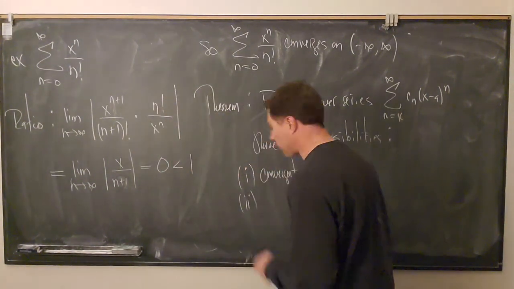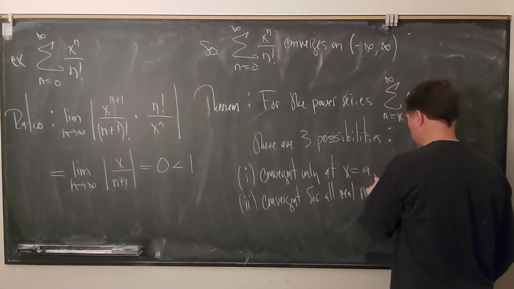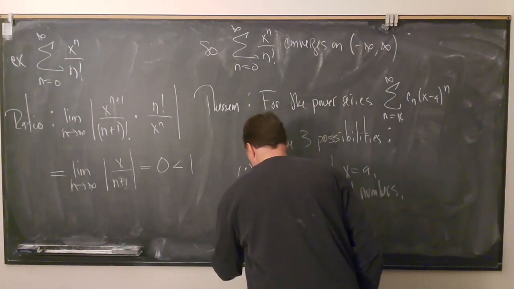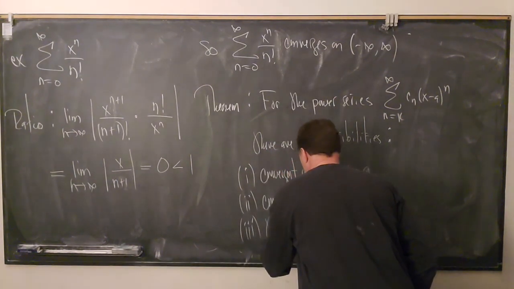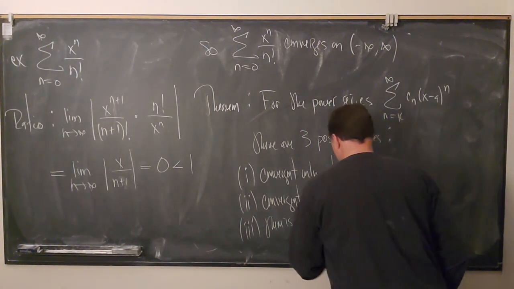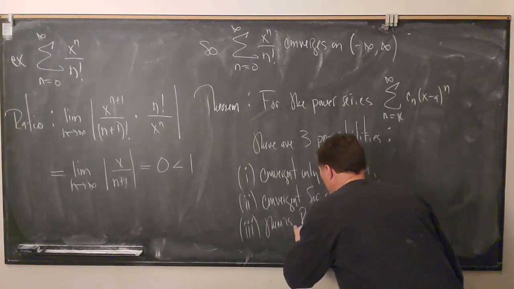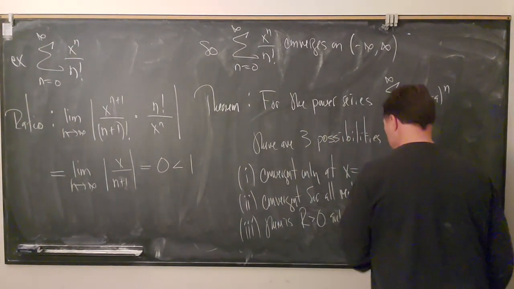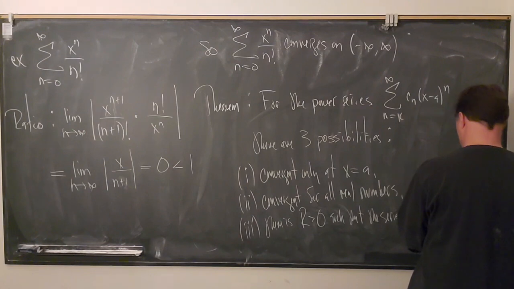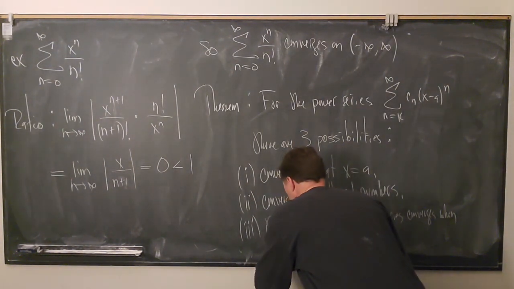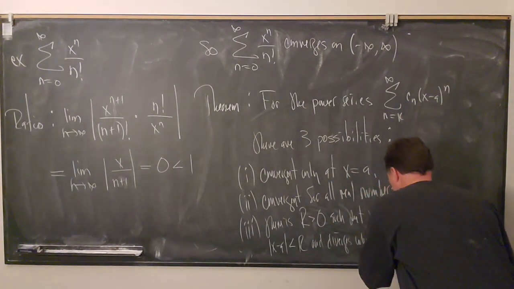The second possibility, it's convergent for all real numbers. And then the third possibility is there is an r greater than 0 such that the series converges when the absolute value of x minus a is strictly less than r, and diverges when the absolute value of x minus a is greater than r.